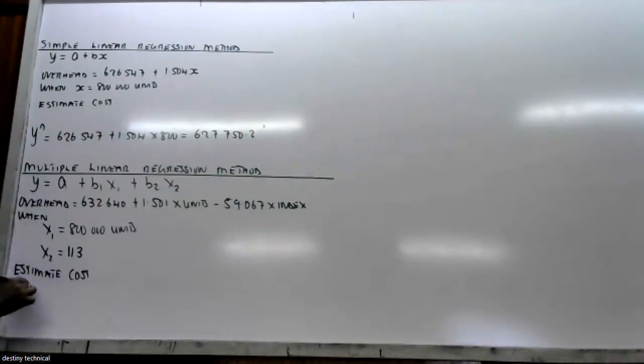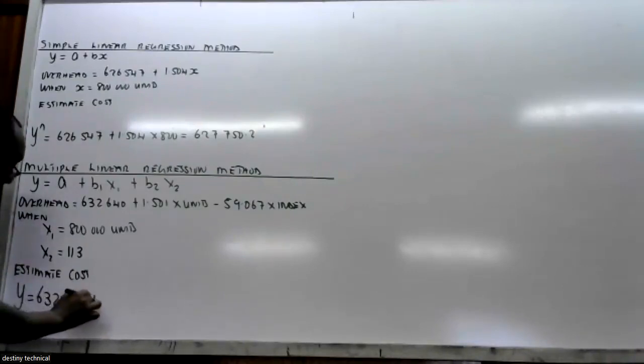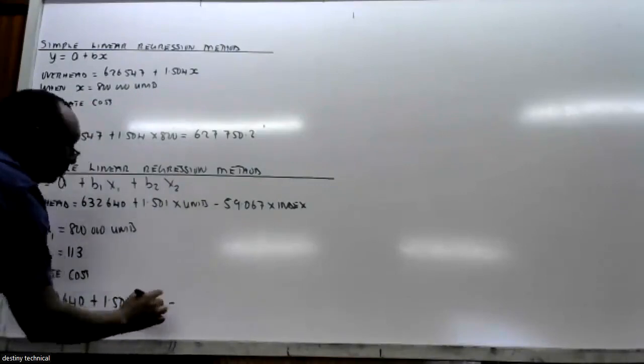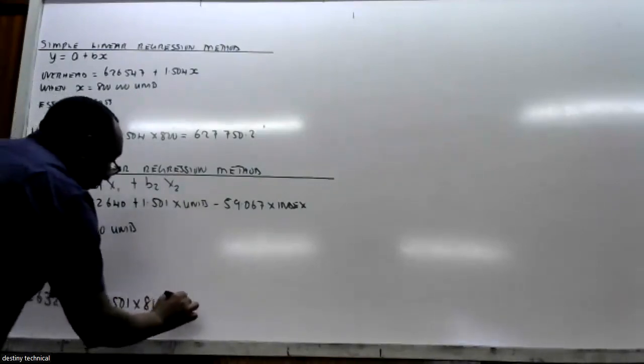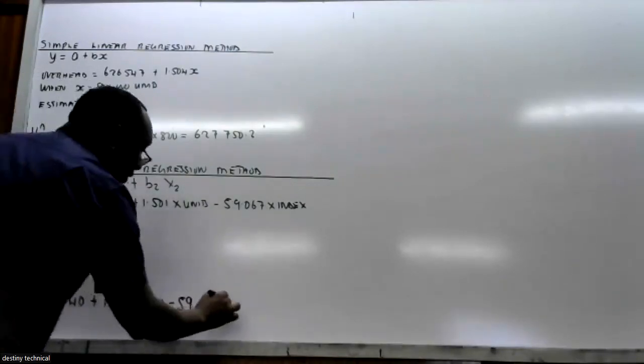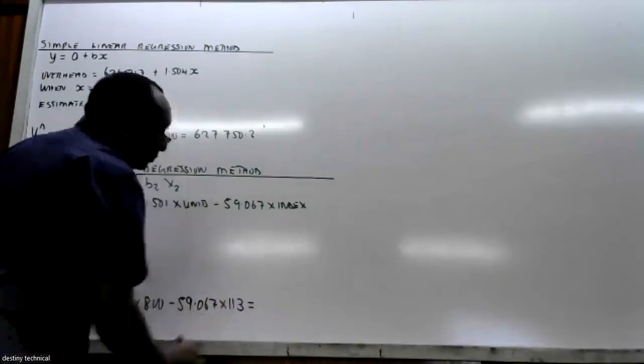will be y is equal to 6.2640 plus 1.501 multiplied by 800 minus 59.067 multiplied by 113.